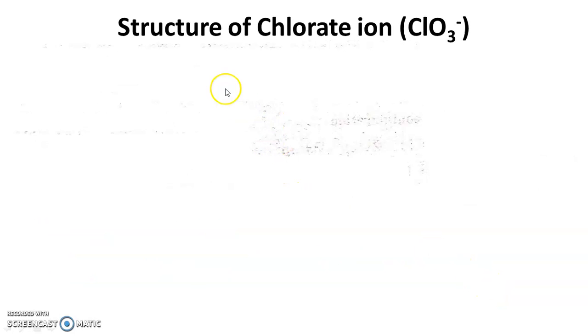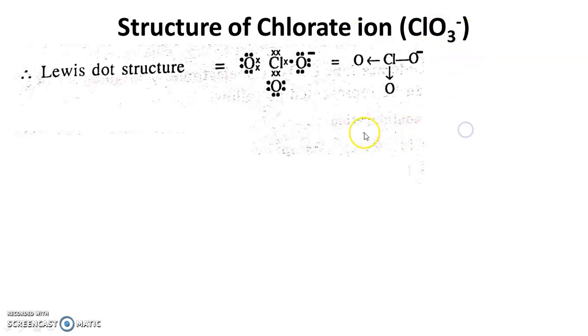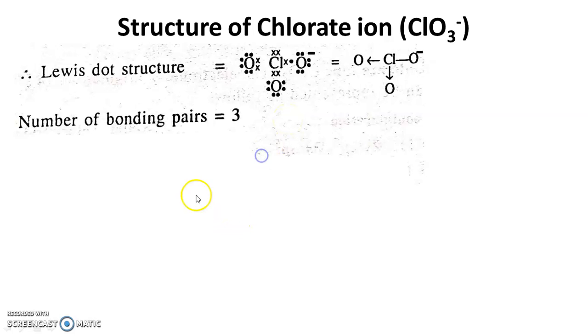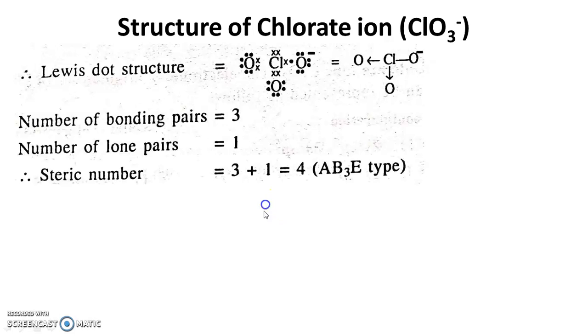Now third example, that is the structure of chlorate ion, ClO3 minus. Lewis dot structure. Chlorine is attached to 3 oxygen atoms and there are 3 bonding pairs and there is 1 lone pair at chlorine. So the total number of bonding pairs is 3, lone pairs equal to 1, steric number equals bonding pairs plus lone pair, that is 3 plus 1, equal to 4.